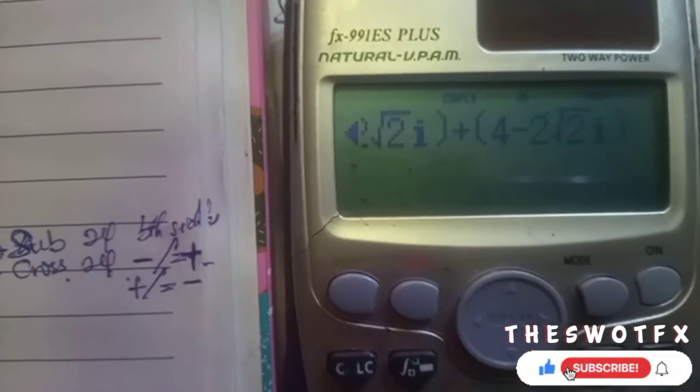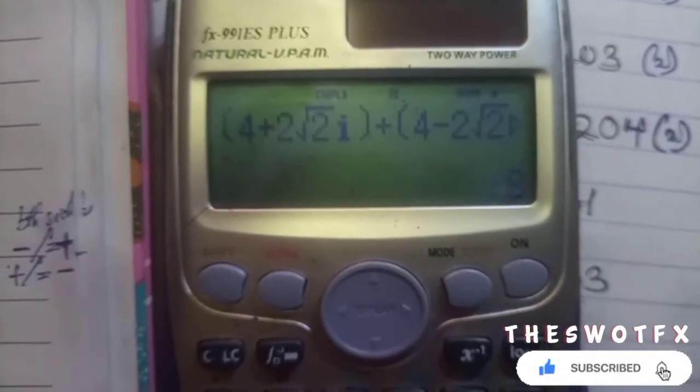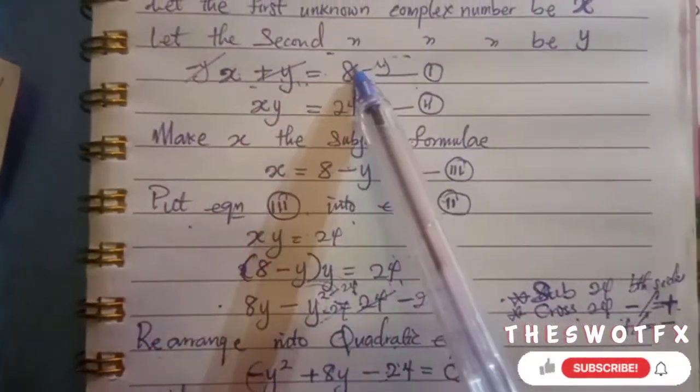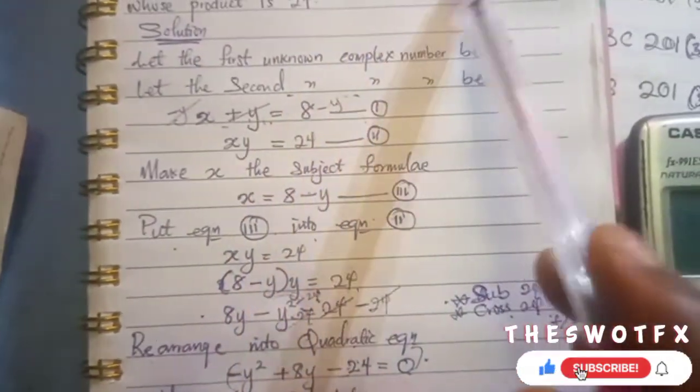By the time you add these two together, you see our answer is 8. The sum of x plus y must give us 8, which was the question: two complex numbers whose sum is 8.